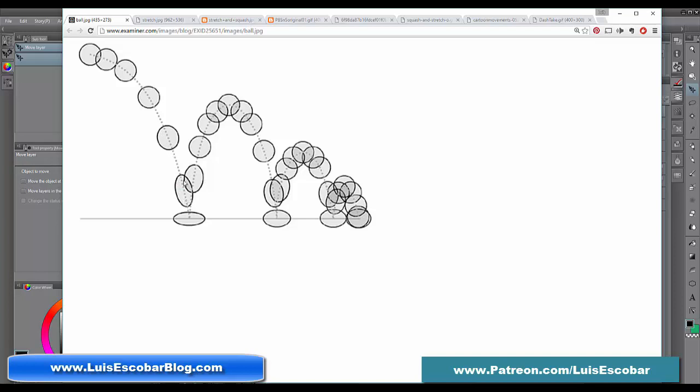It kind of simulates the speed of the ball as it gets closer to the ground. Then it hits the ground and it bounces right off, still stretching because the force or the speed is still in it, and then it goes back to normal.